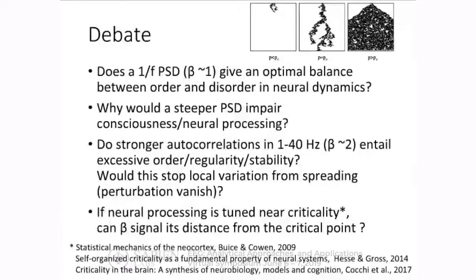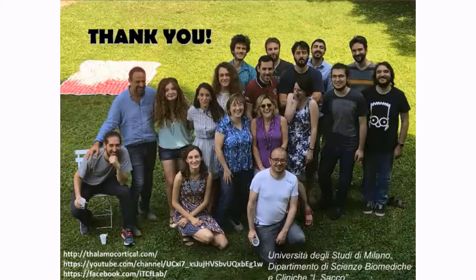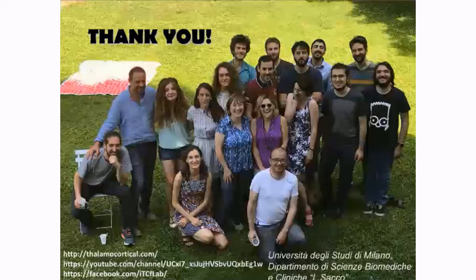But if the neural processing is tuned near criticality, as some people show, actually probably in a slightly subcritical region, can the spectral exponent signal the distance from the critical point? Well, this is the framework I'm working on, and I hope that in the future we'll have more positive answers to these questions.